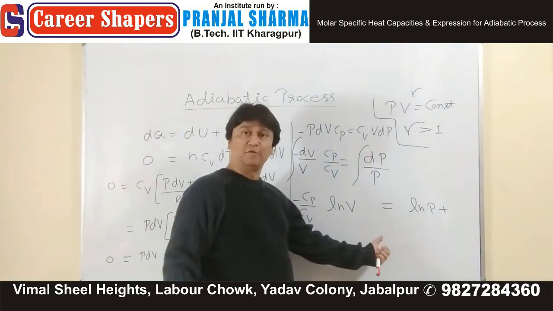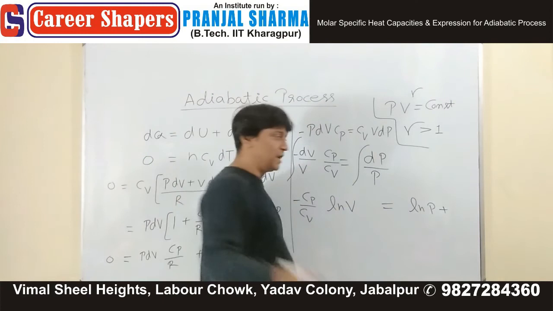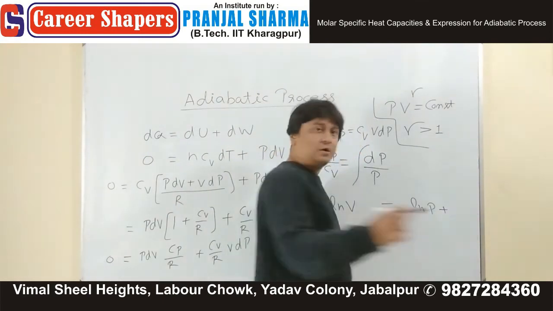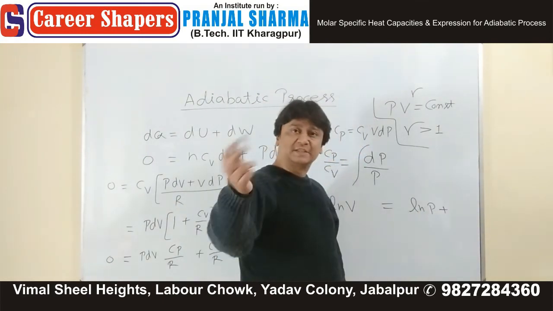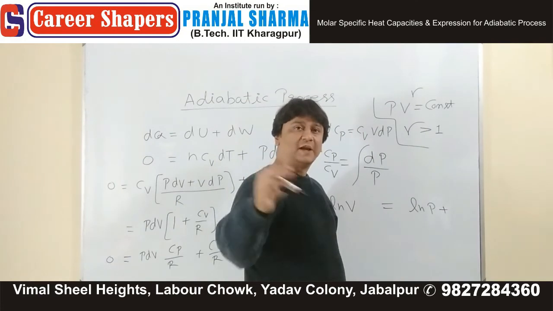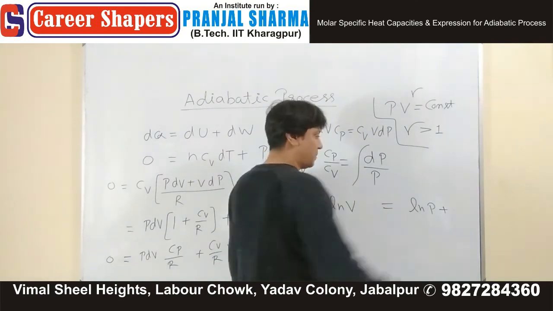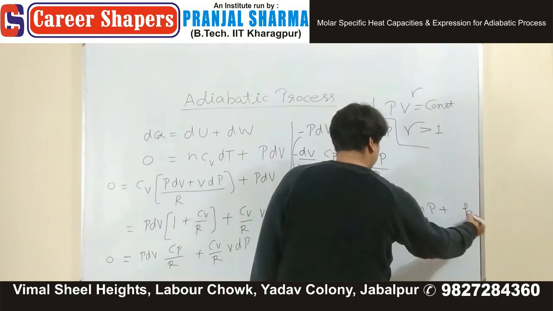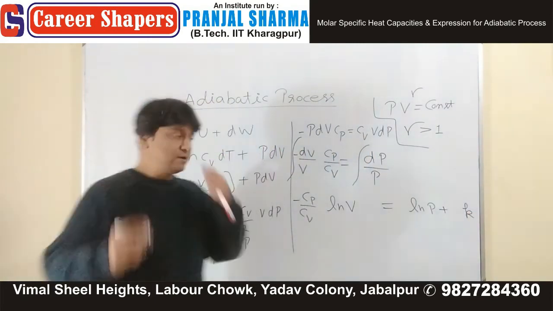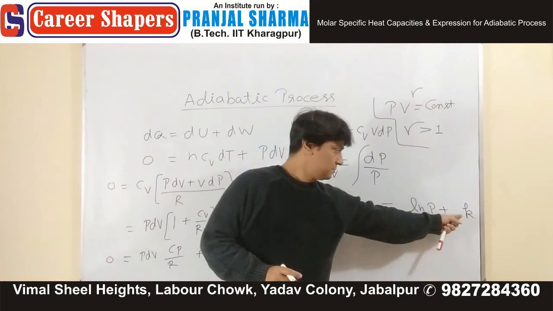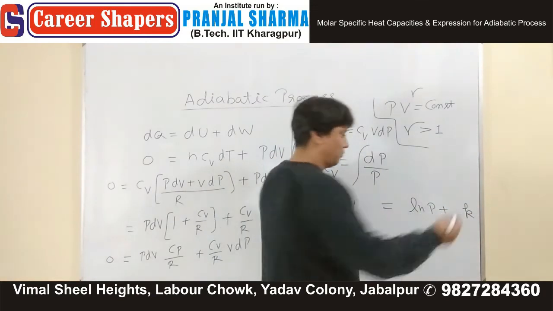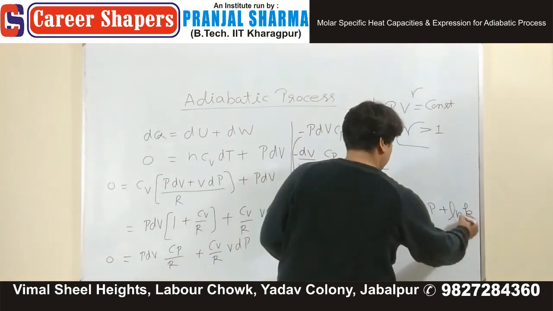Whenever we integrate, we use what? Constant of integration. Normally we write that constant as C, but right now let's not use C because C is used for molar heat capacity. So let's say K. Now it's a constant. If it is a constant, why not use log K? It's our wish.